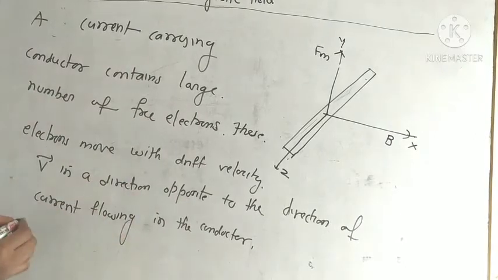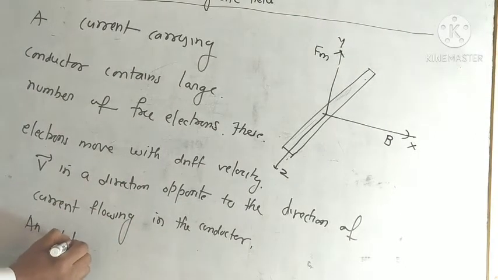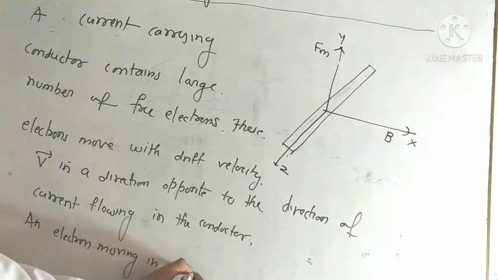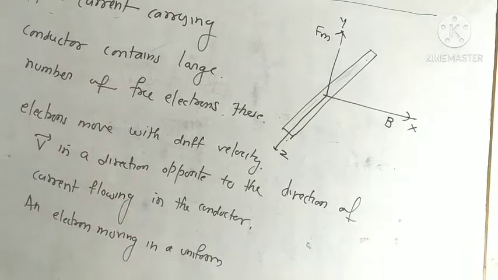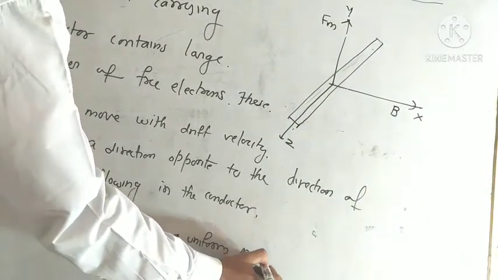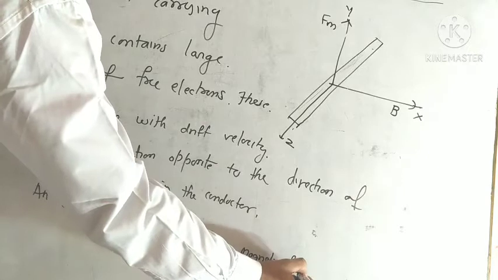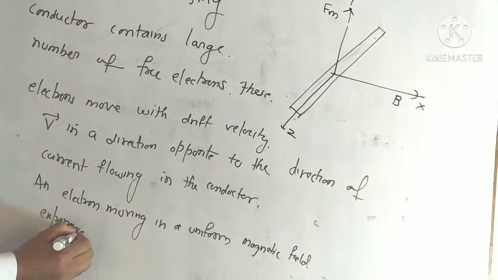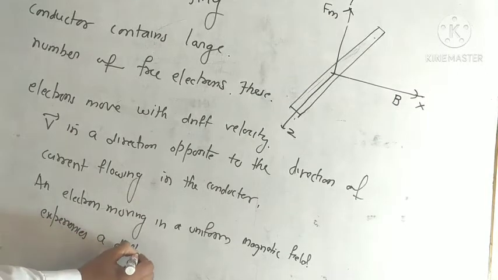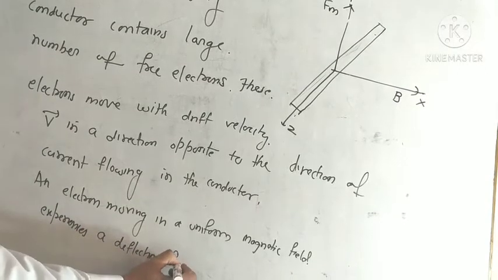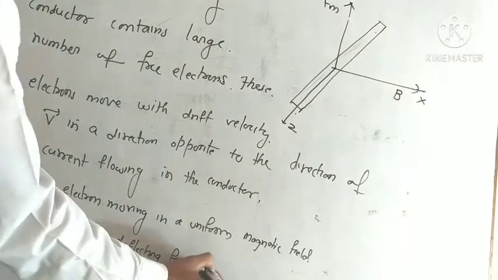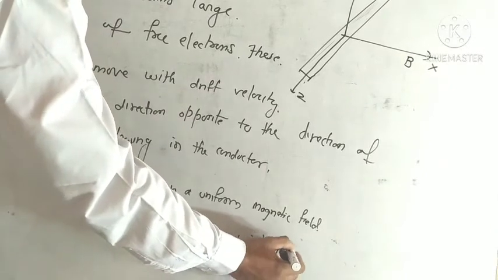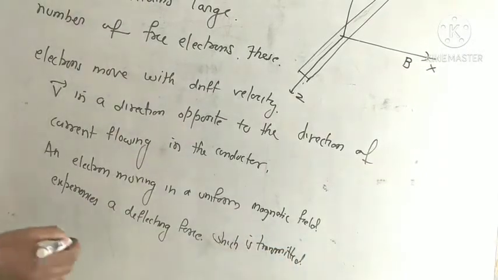And this electron moving in a uniform magnetic field experiences a deflecting force which is transmitted to the conductor.